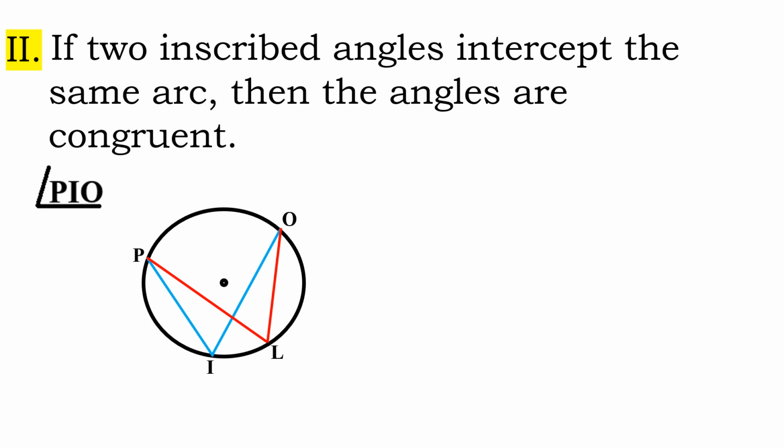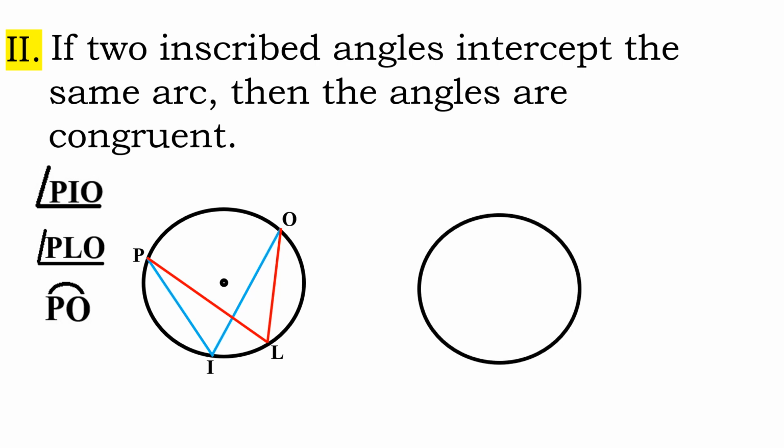So, angle PIO and angle PLO intercept the same arc, which is arc PO. Since they intercept the same arc, the two angles then are congruent.